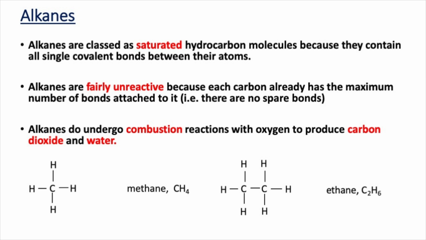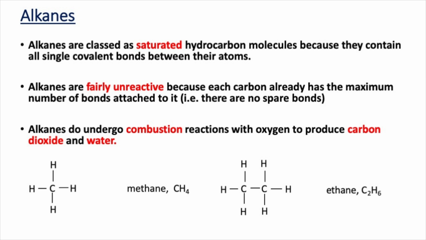That's probably no surprise, because alkanes are hydrocarbons, and a hydrocarbon consists of carbon and hydrogen. If you burn carbon, you get carbon dioxide, and if you burn hydrogen, you get water.